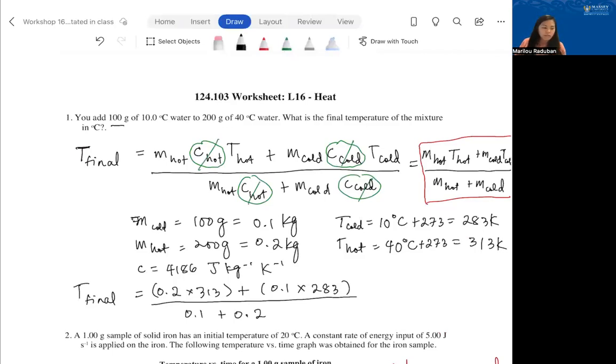Right. Cool. And that should give you a temperature of 303 Kelvin. Or if you did that in degrees, 30 degrees Celsius.